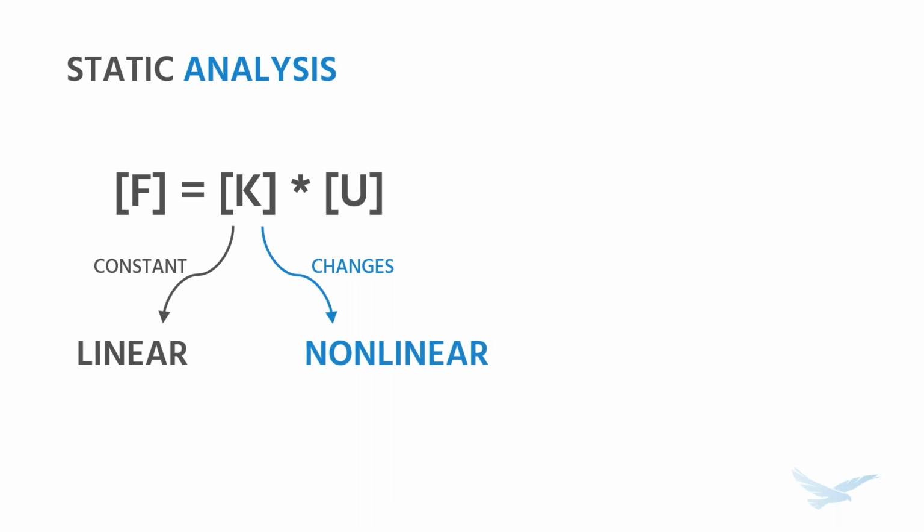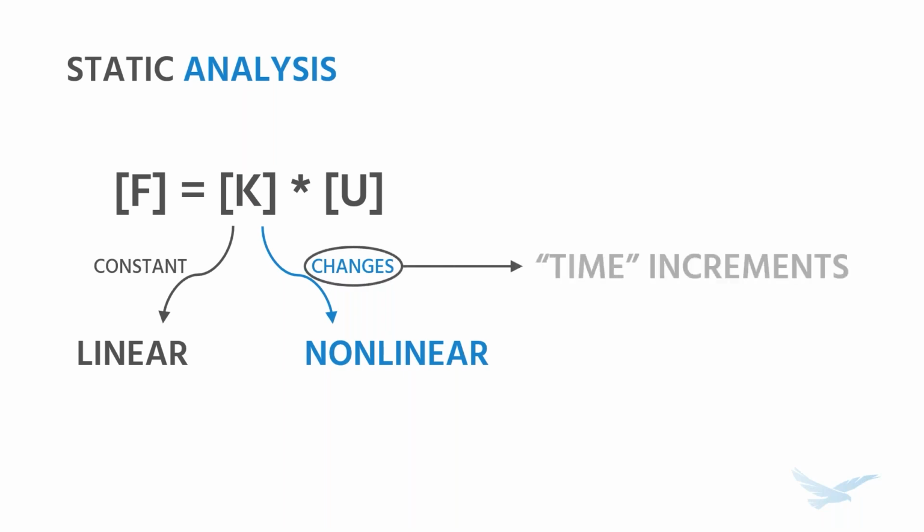And the reason that a nonlinear simulation is needed, the reason it works, is because it can account for the changes in the stiffness matrix. And we do that by using time increments. You'll notice that time is in quotation marks. And that's because if we are taking on a static problem, there really shouldn't be any time, right? Everything should be happening slowly or constantly.